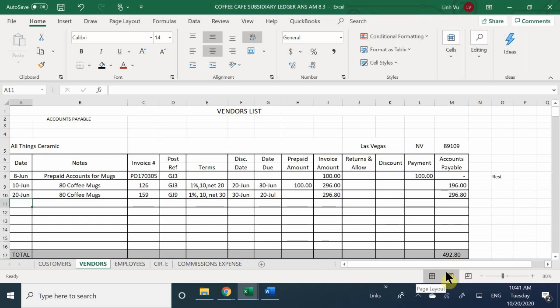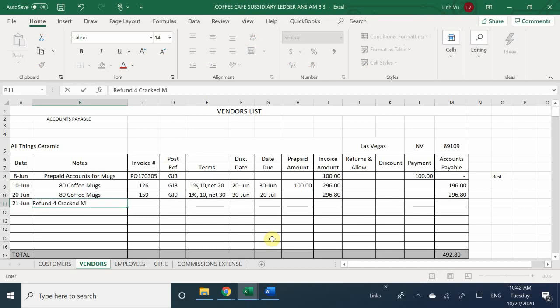So here, I'm going to go ahead and date it. So the invoice that we're dealing with is going to be 159, right? Because that's the recent one that we just purchased. Okay? So here, what am I going to write? Return or refund for cracked mugs.